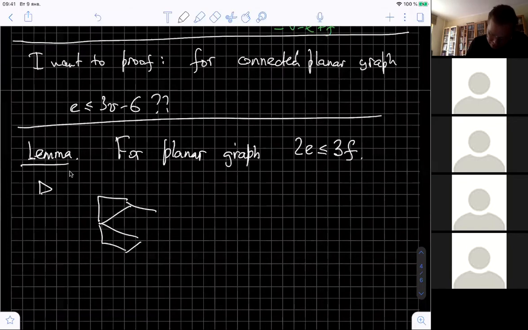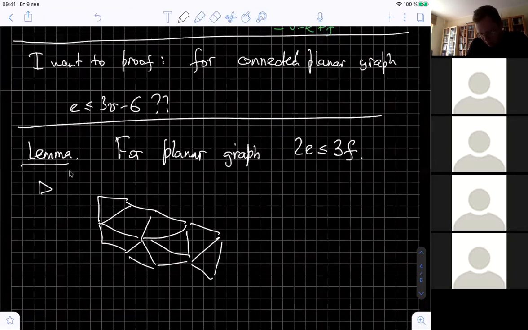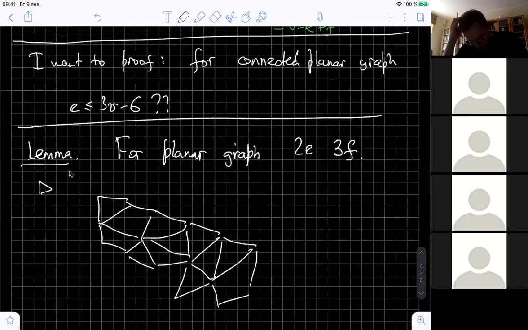Suppose we have a planar graph. I just prove it and then I find which is greater.